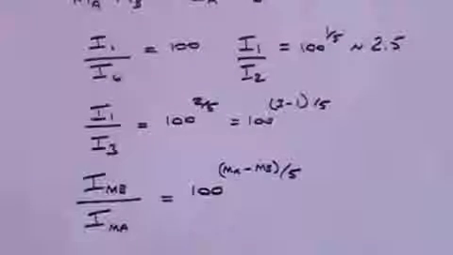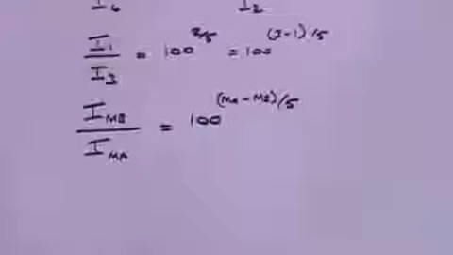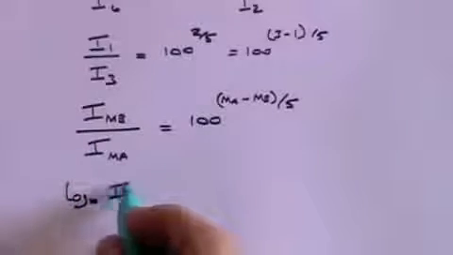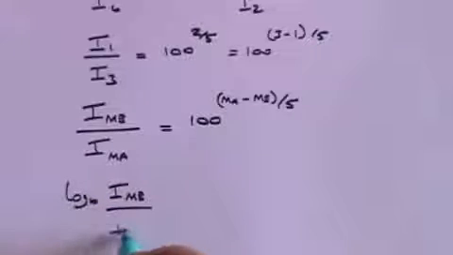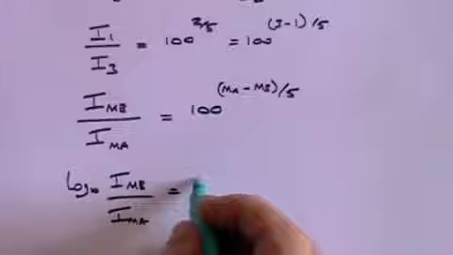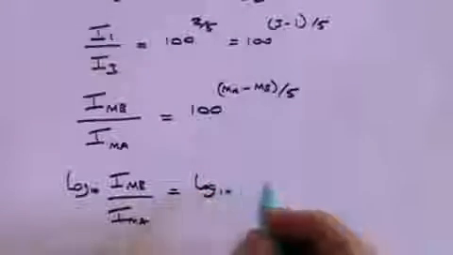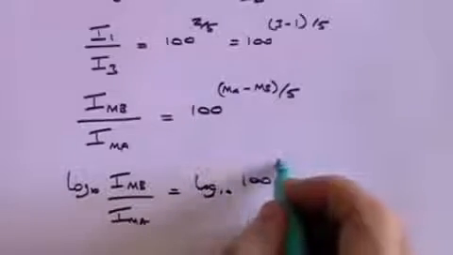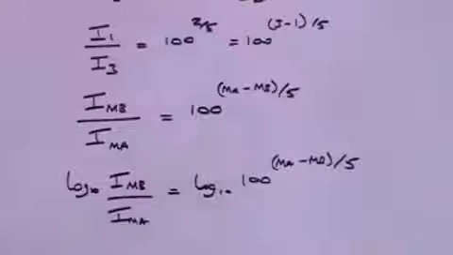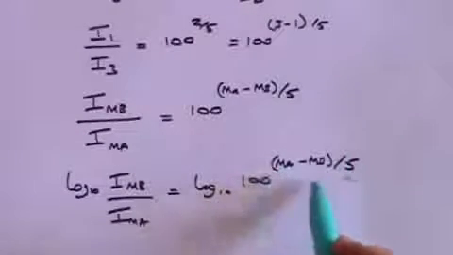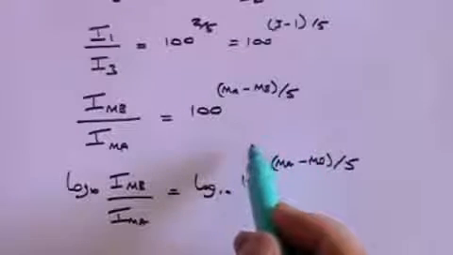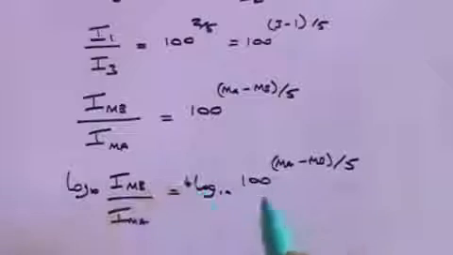So now let's take logarithms to the base 10 on both sides. So log to the base 10 of IB divided by IA is equal to the logarithm to the base 10 of 100 to the (MA minus MB) divided by 5. And whenever you've got a logarithm, this term here, the exponent, can be brought down in front of the logarithm as a multiplication.